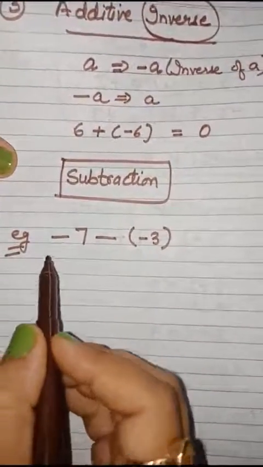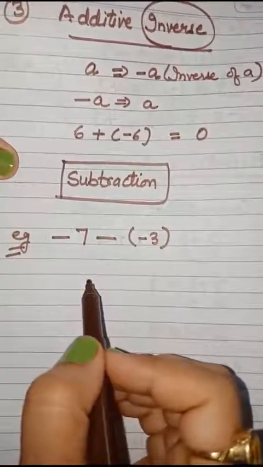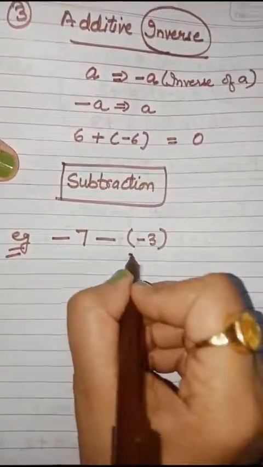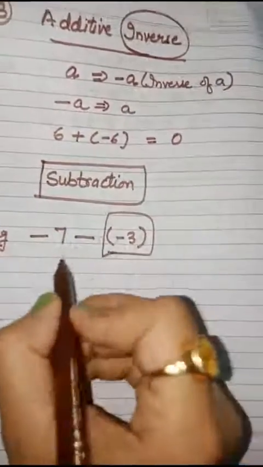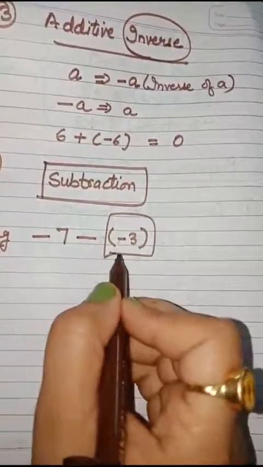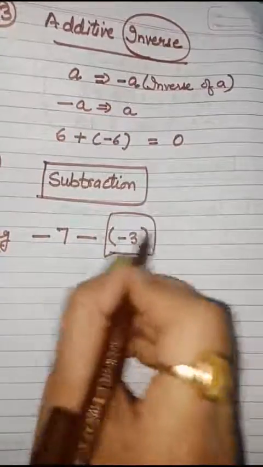For performing subtraction on integers, we have to learn this thing that we have to add the inverse of the integer to be subtracted.